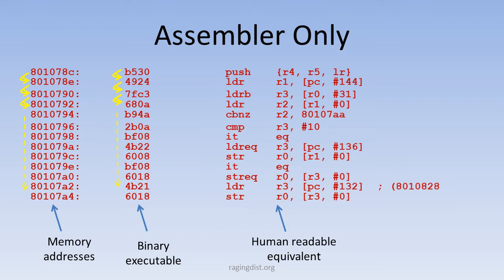And that instruction, of course, is the push instruction. After it does what that push instruction tells it to do, it will then go to the next address, 801078E, and it will take the next number out. And these are 16-bit numbers in this case. And this is an LDR instruction. The machine goes and does that, and it repeats. It sees 7FC3 and just repeats one after the other.